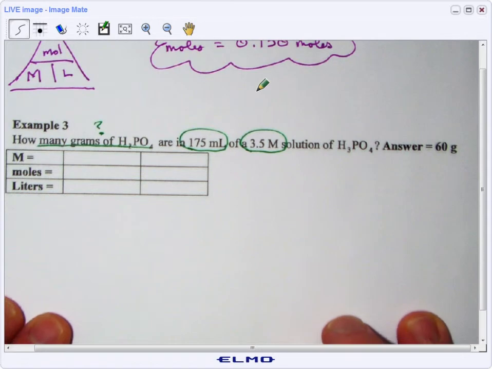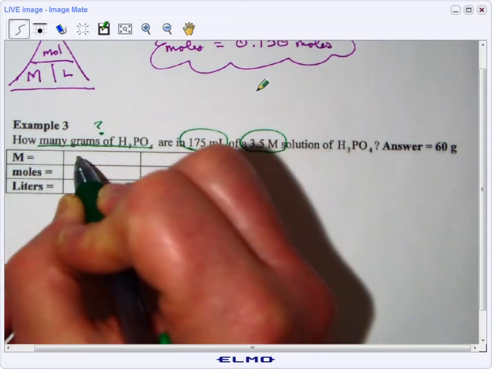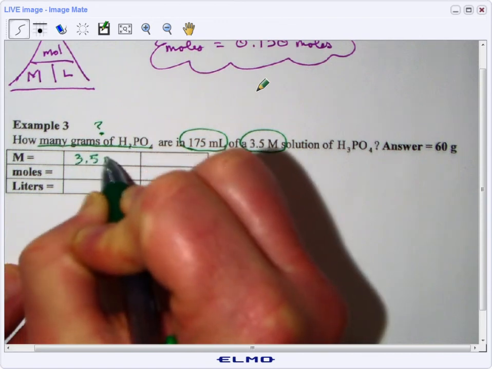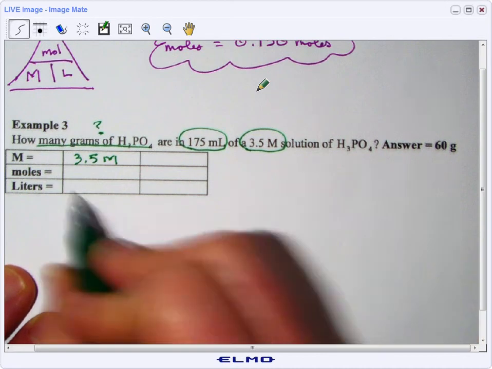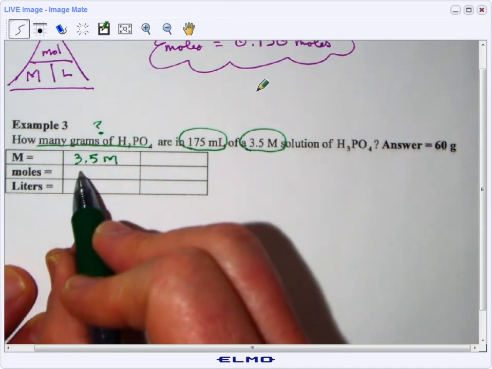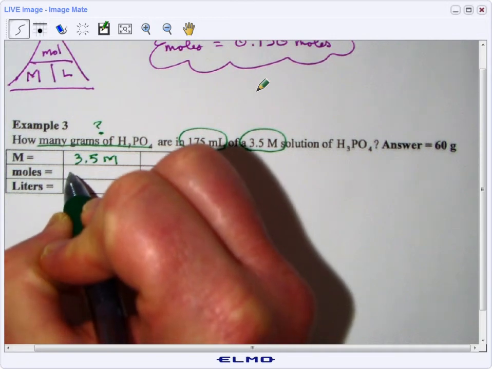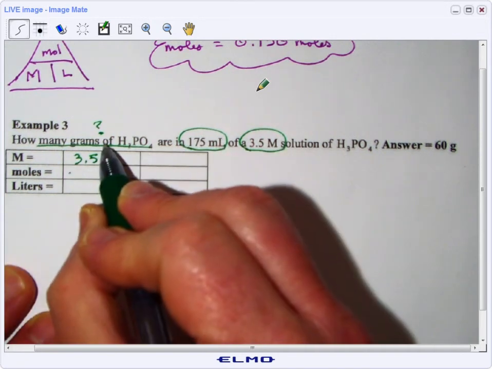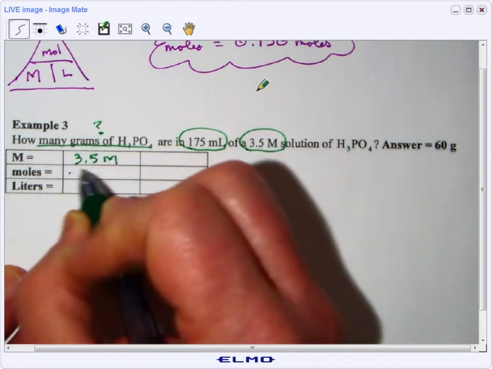So let's pull out our information. Did they give us the molarity? Yes, 3.5 molar. Did they give us moles? No. They're asking me to find grams, right?